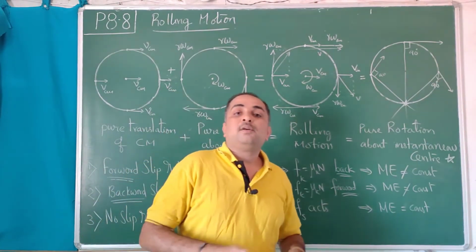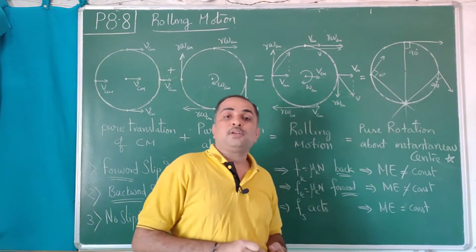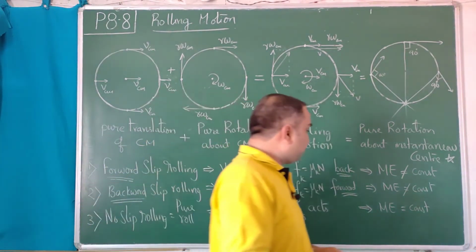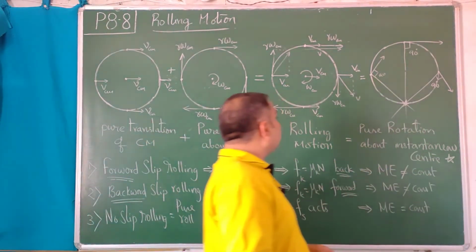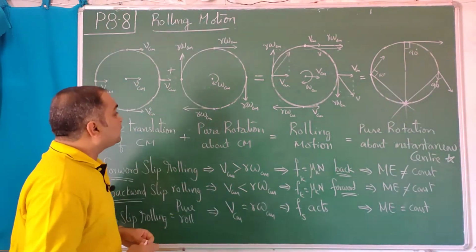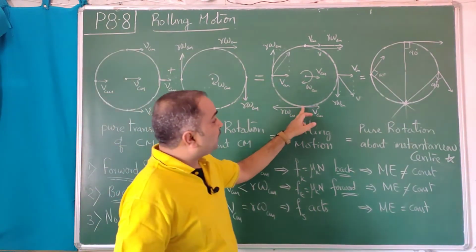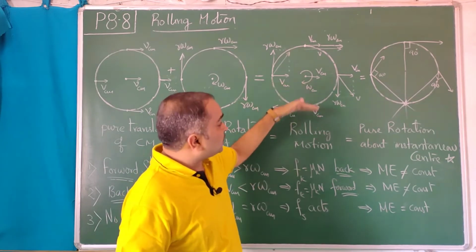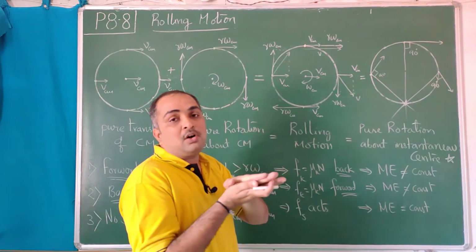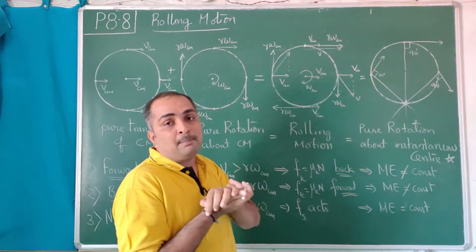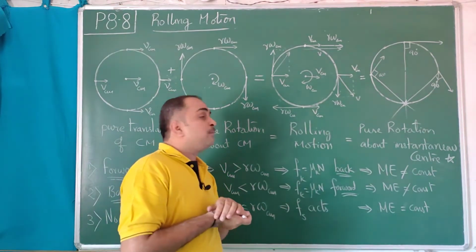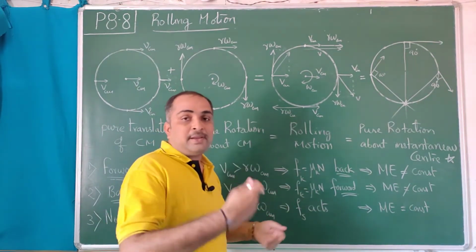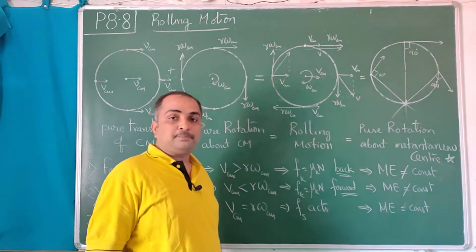But still, most of the time it will have rolling without slipping. The important condition for all this is that there must be sufficient friction at the ground. So suppose the wheel is touching a floor, and that floor, concrete road or tar road, should have sufficient friction so that slip rolling is immediately converted into no slip rolling.